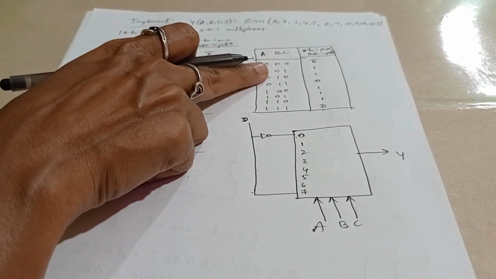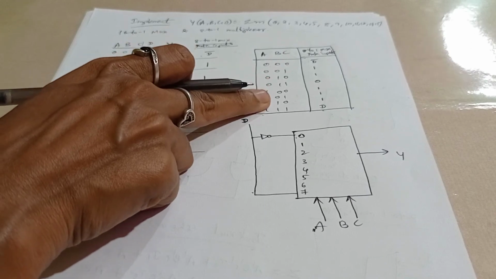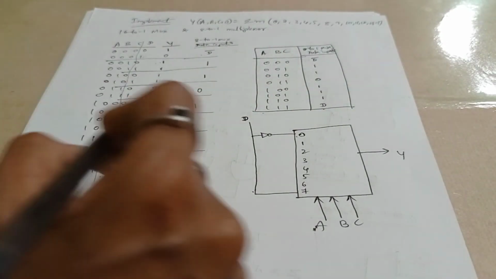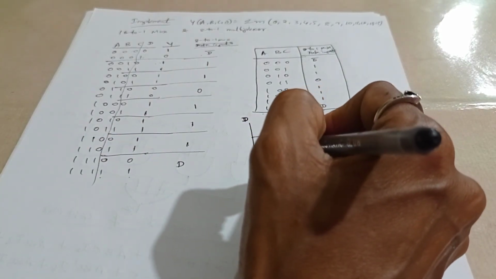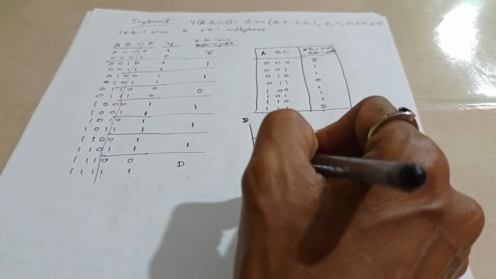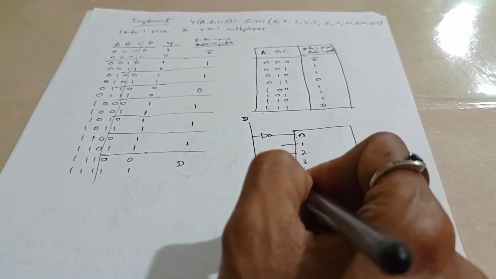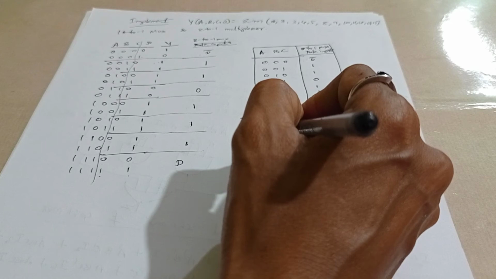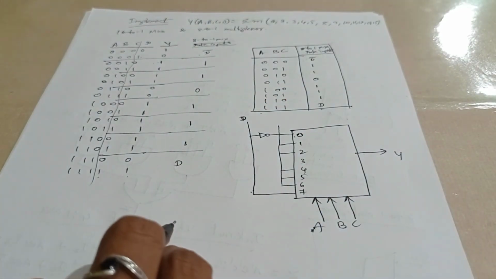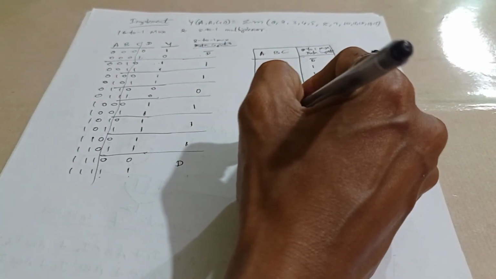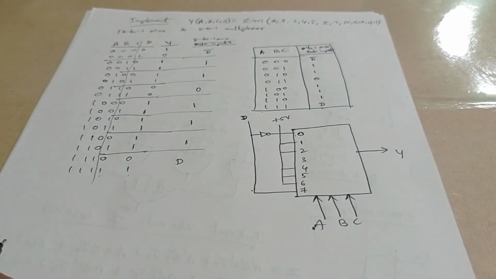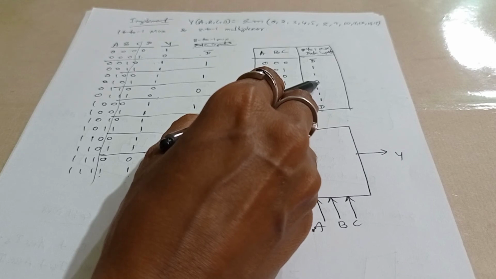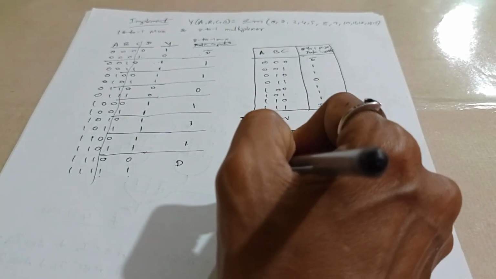For 1, 2, 4, 5, 6, the value is 1. 1 means plus VCC, so connect it to 1, that is plus 5 volts. Now 3 is 0, and 0 means ground.